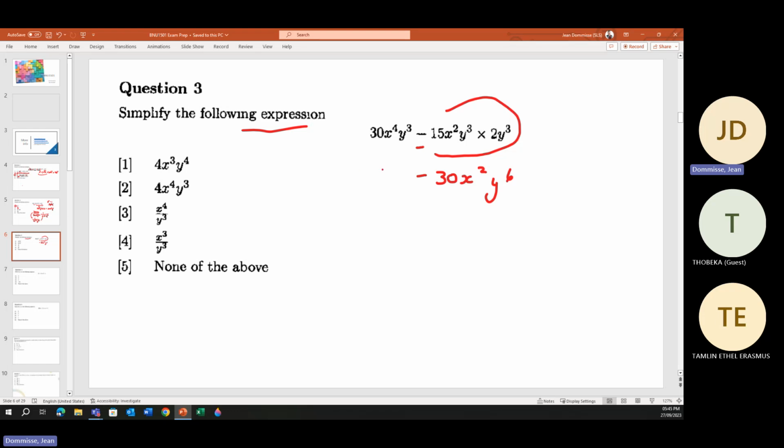So again, if this is my first term and that is my second term, this is where I needed to stop, because again, you can't subtract x to the power of 2 from x to the power of 4. So again, it's different if that was divided.